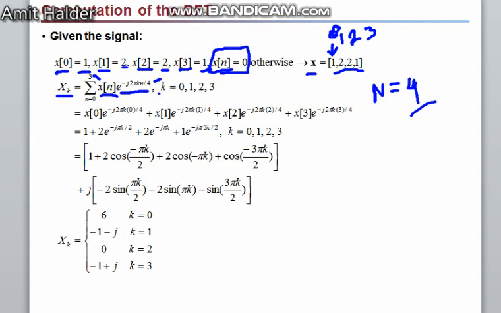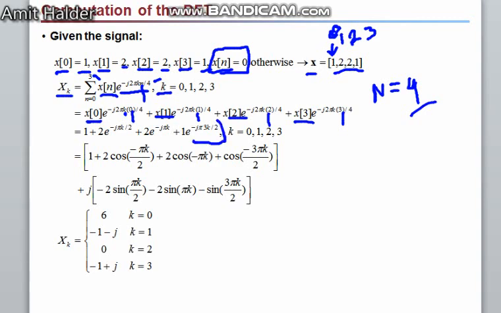The k value is also determined by it, k goes from 0 to 3: 0 1 2 3. First you put the 0 value here, x[0], x[1], x[2], x[3]. You can see the value of n changes, one after another, while k stays fixed.